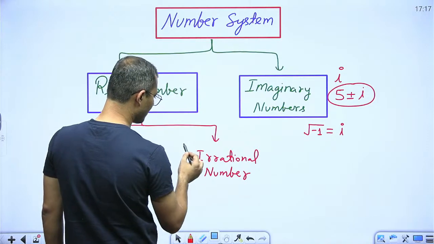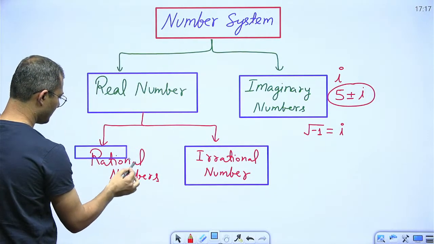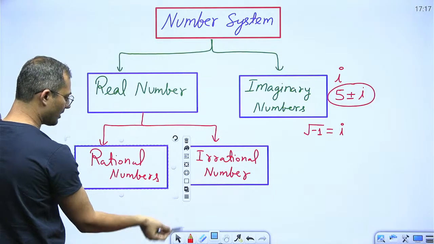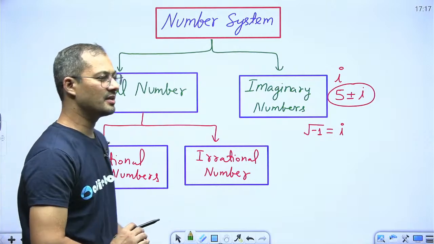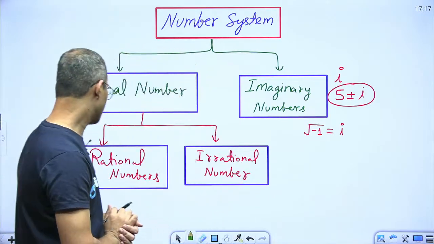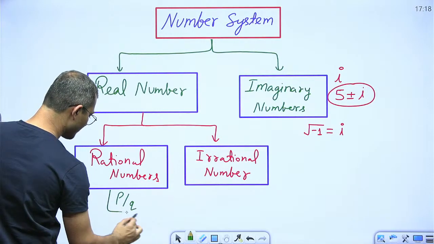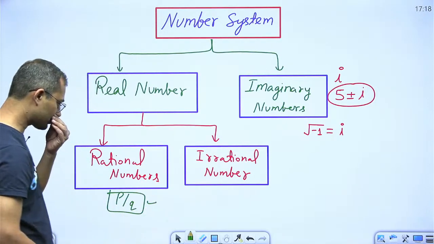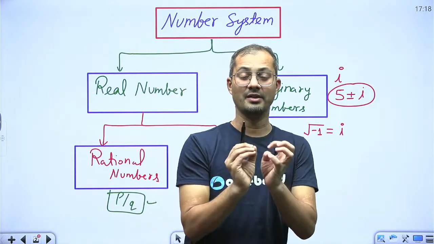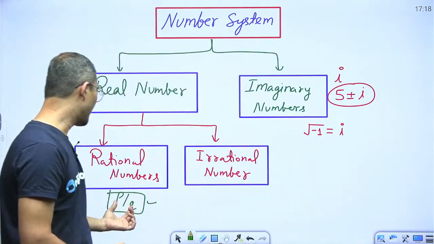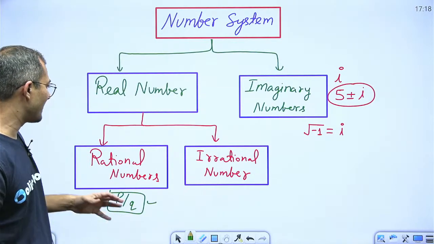What is the basic definition of rational number and irrational number? Any number which can be written in the form of p by q is known as a rational number.